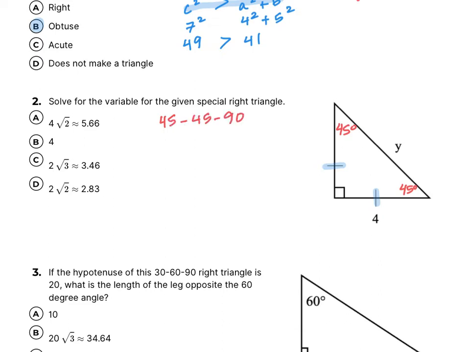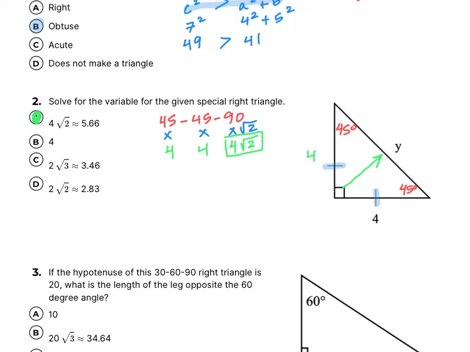And the pattern for this is x, x, x root 2. So if I know that one of the legs is 4, then the other leg is also going to be 4. And the hypotenuse, which is the side opposite of the right angle, would be x root 2. So if x is 4, then the hypotenuse would be 4 root 2. That's for number 2.